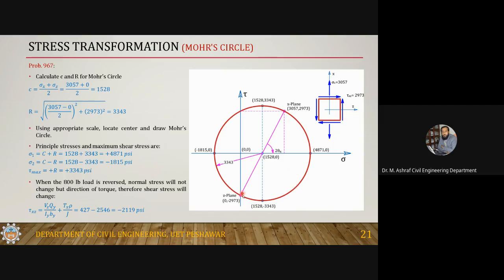So this is your reference, this is your x plane, this is your y plane, and you can calculate 2 theta between x and the maximum from the trigonometric relation, which is not required in this case. He is saying just calculate the maximum stresses at that location. The maximum stress is 4871 and minus 1815, and the maximum shear is 3343.